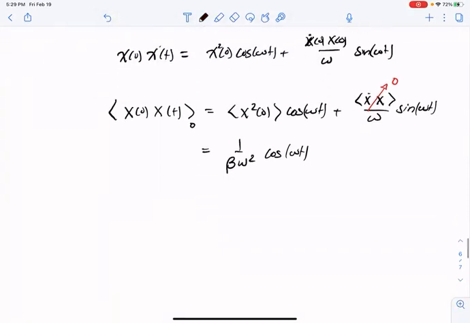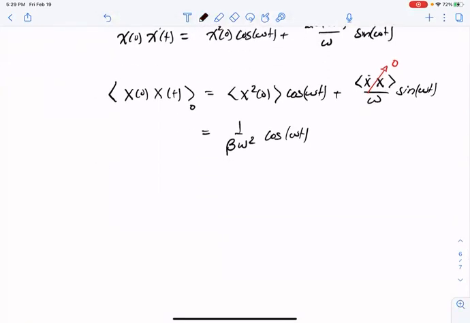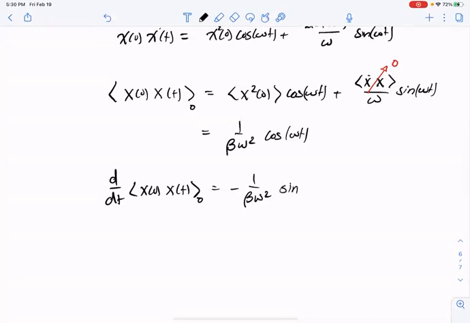And now look at what we've just found. If I take the time derivative of x of 0, x of t, averaged in the absence of that time-dependent force, I get minus 1 over beta omega sine omega t.